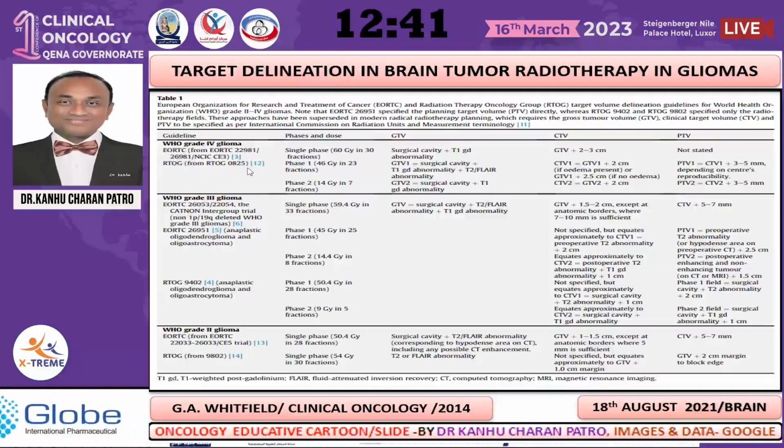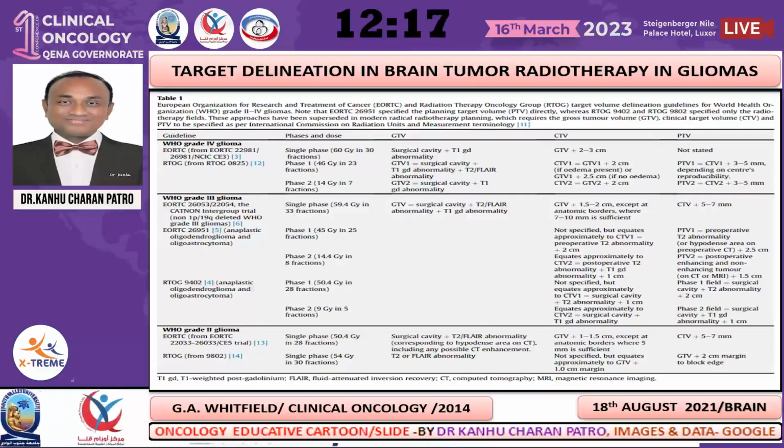Most of the EORTC trials are single-phase studies. Single-phase treatment is 60 Gy in 30 fractions. That is the GTV: surgical cavity and enhancing component. CTV is GTV plus 2 to 3 centimeters and PTV is 0 to 5 mm. In the RTOG group, there are phase 1 and phase 2. Phase 1 is 46 Gy in 23 fractions, phase 2 is 14 Gy in 7.